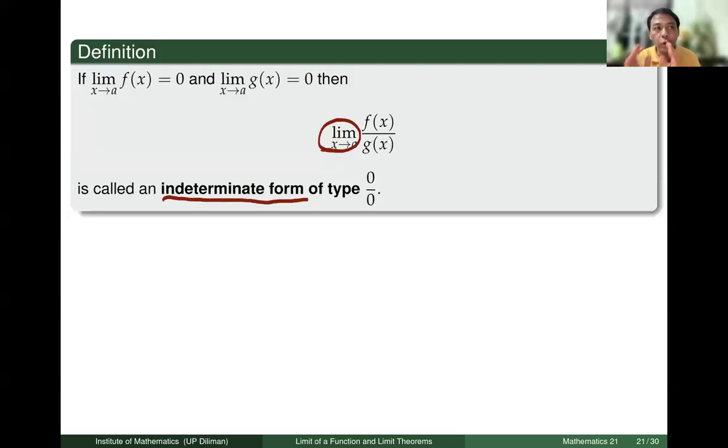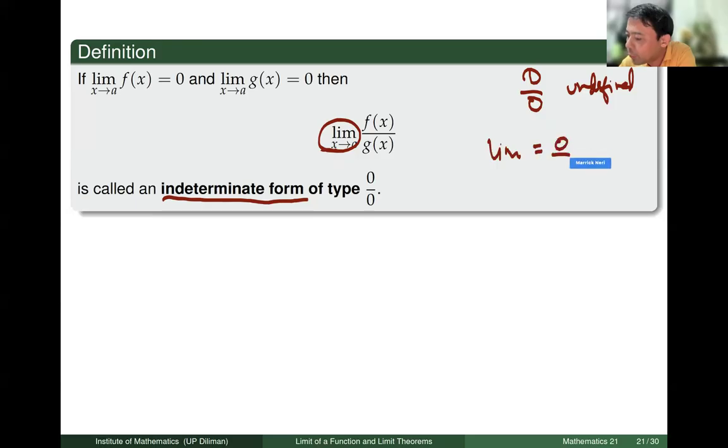Okay? If you have a quotient which is 0 over 0, that is undefined. So 0 over 0 is undefined. However, the limit that is equal to 0 over 0 is indeterminate.